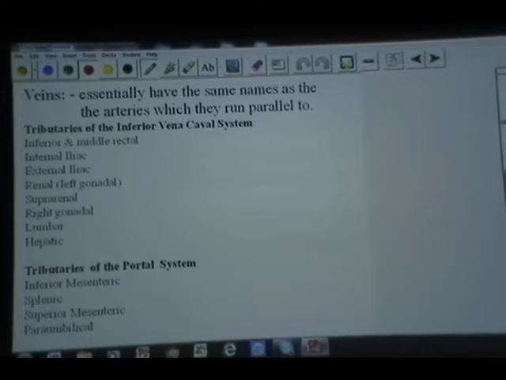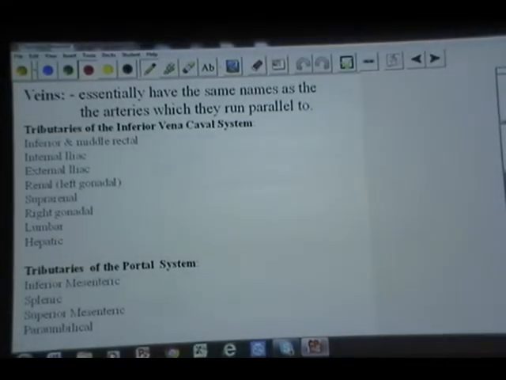The portal system of veins are venous channels that come from the abdominal intestinal organs, stomach, spleen, small intestine, large intestine, that do not just drain into the vena cava, they drain first to the liver.